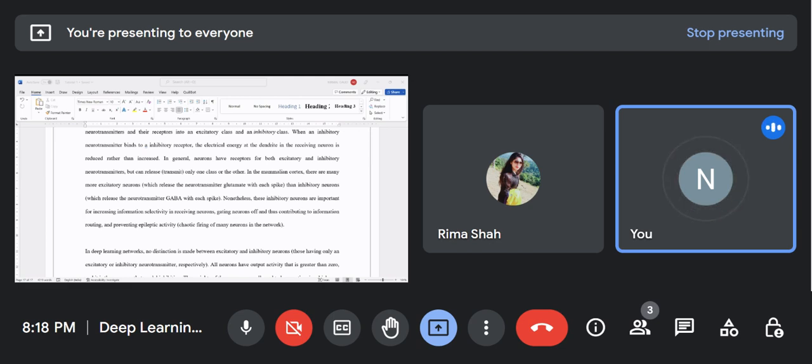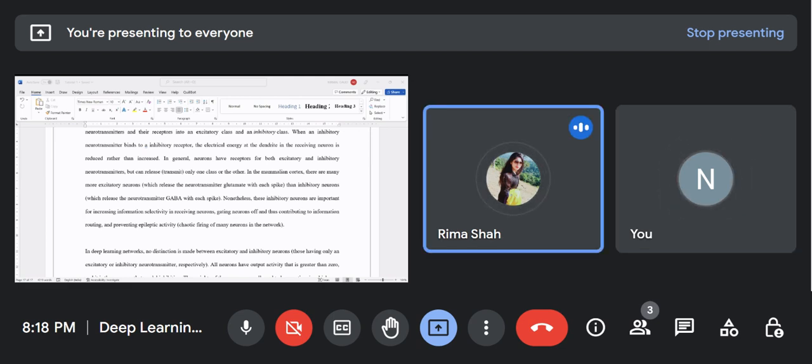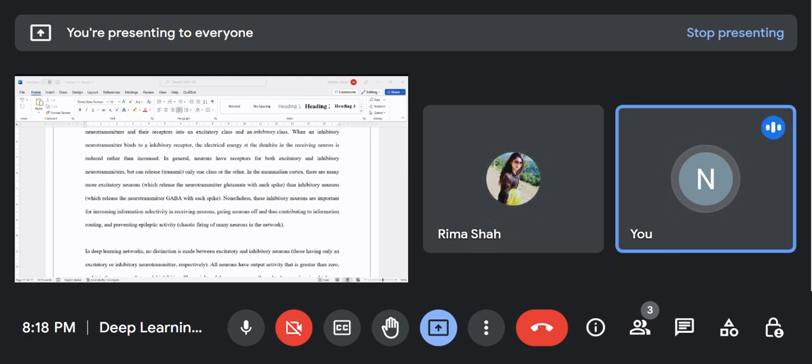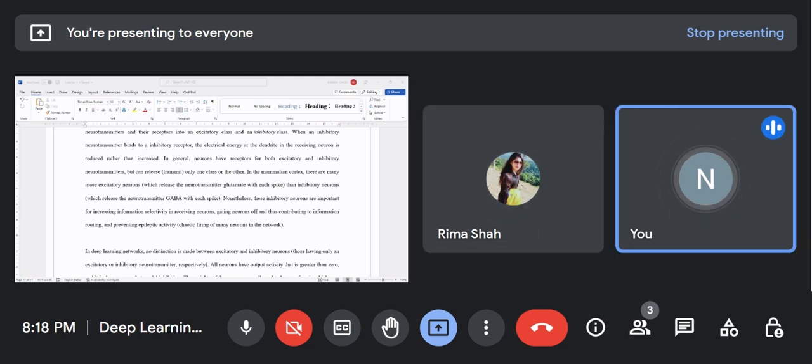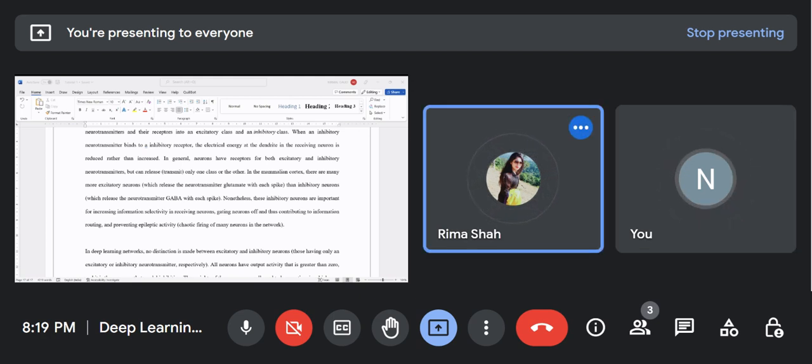So basically you have excitatory neurons, which are used to transfer the information, the signal, the energy from one neuron to another neuron. And you have inhibitory neurons, which block the further traveling of the signals.